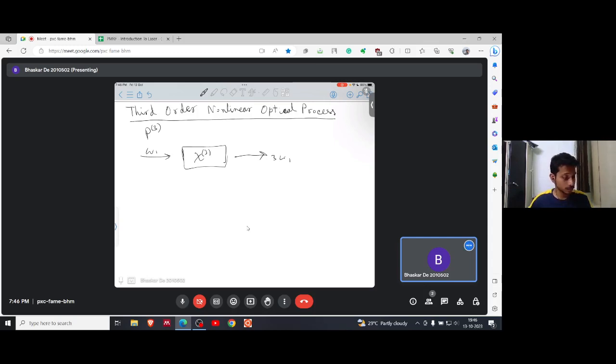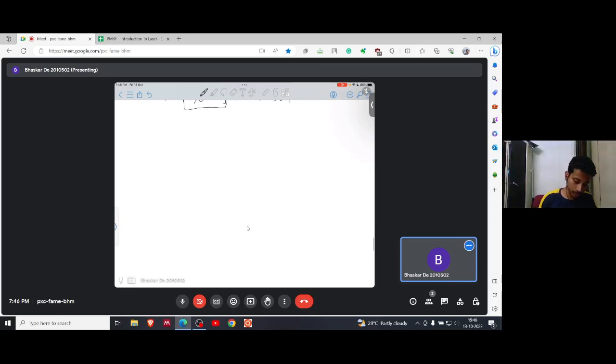Now let's assume that the input beam has the electric field of E1 cos omega 1 t. Now the P3 is chi 3 epsilon 0 E cubed.